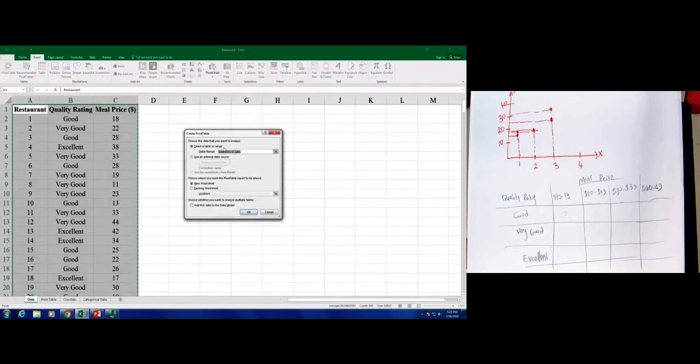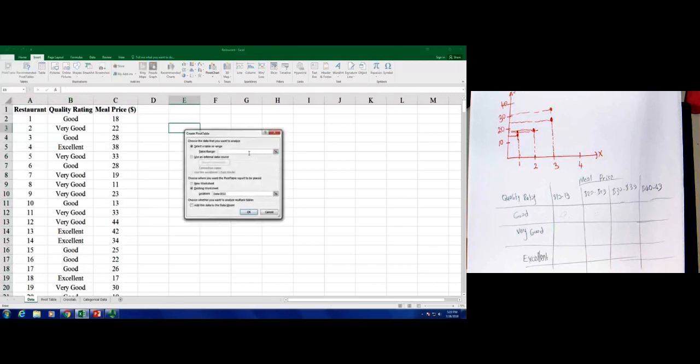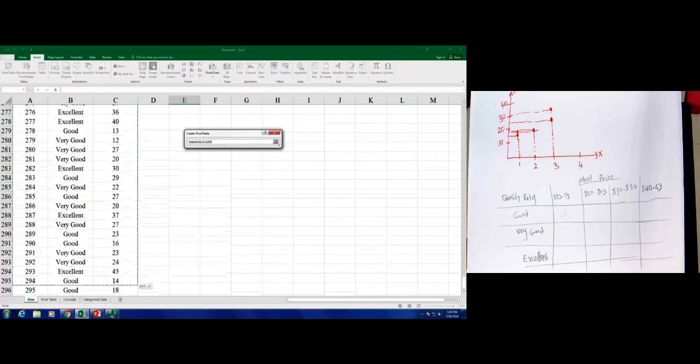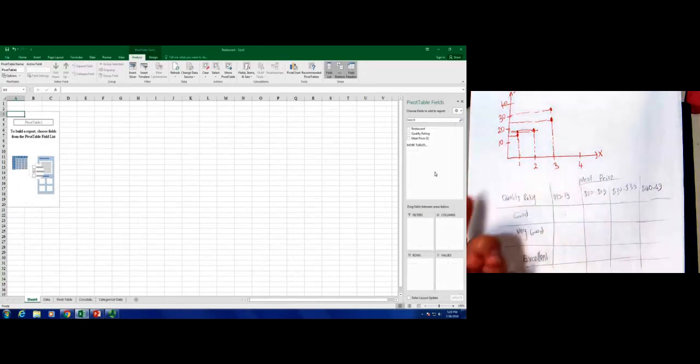The data is already selected here. You can either do Insert, Pivot Table, and select the data, or first select the data and then go Insert and Pivot Table. Now we can do existing worksheet, or you can put it in a new worksheet. Say new worksheet.